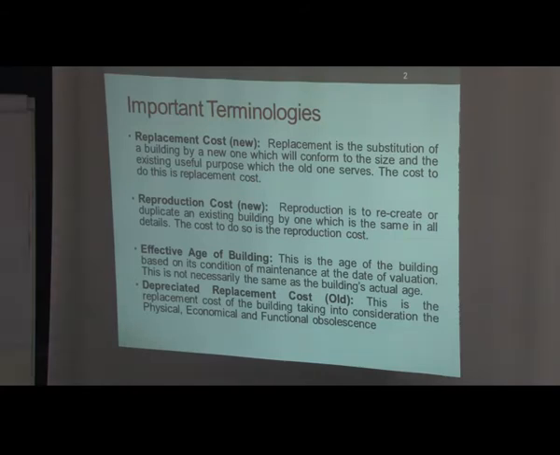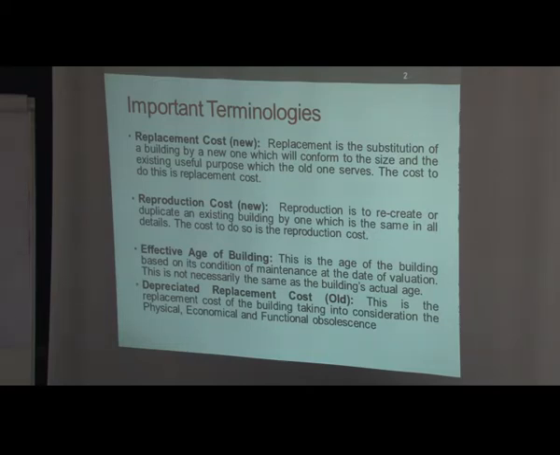So please, let's know these important four terminologies, extremely important. Replacement cost, for new. Reproduction cost, that is when you want to recreate the building as an exact duplicate of its former, using exactly the same materials. That's reproduction.